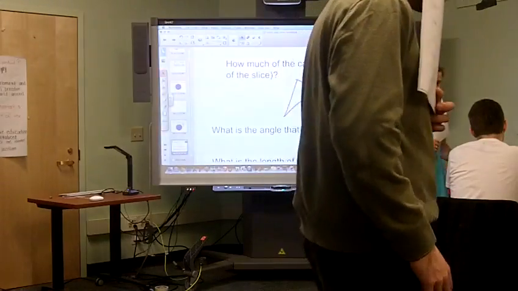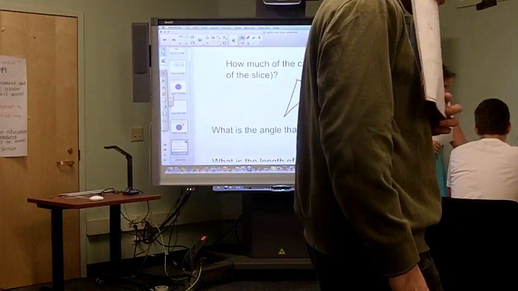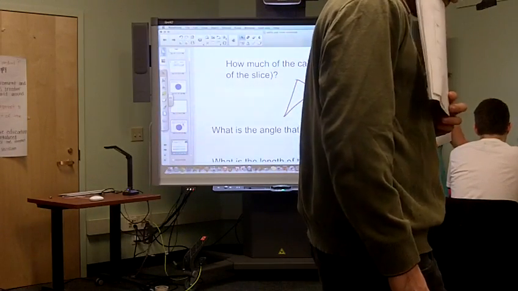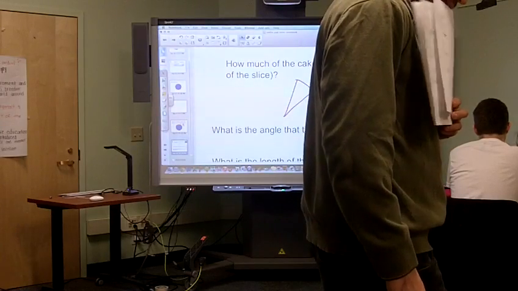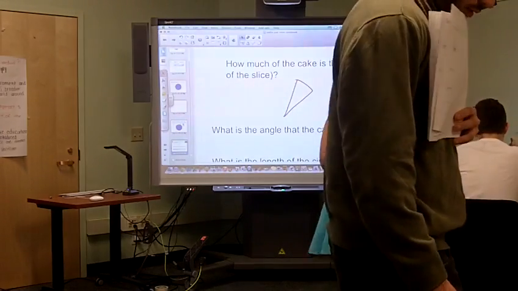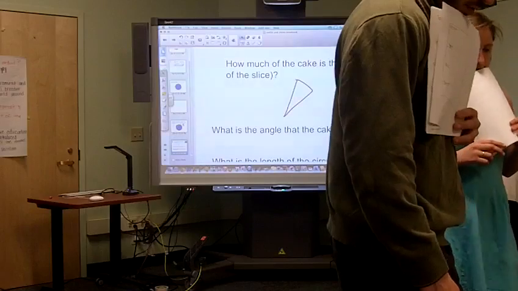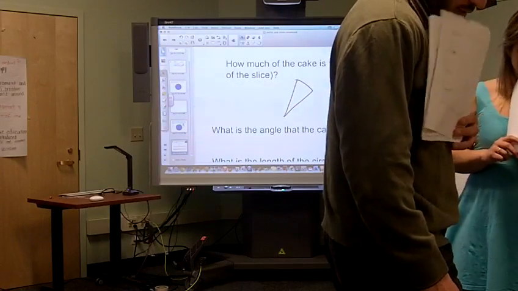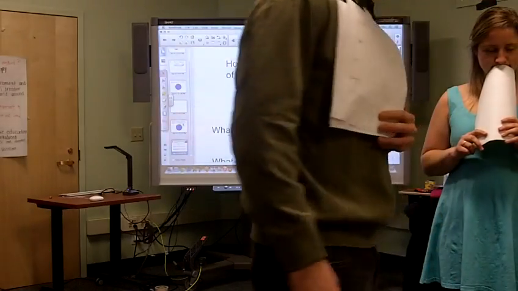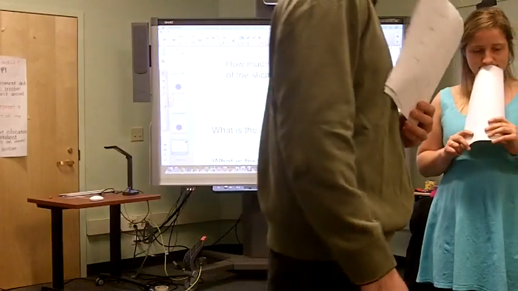Yeah. So if I had you guys explain these, would you be able to? Sure. Okay, cool. Circumference times... Why do you think it's circumference times the fraction of the section?